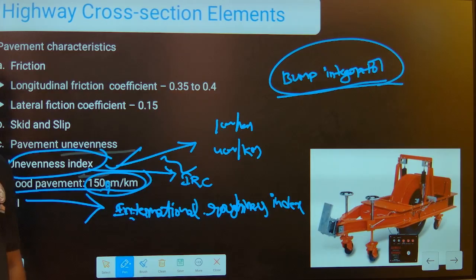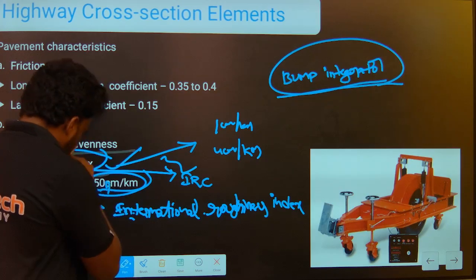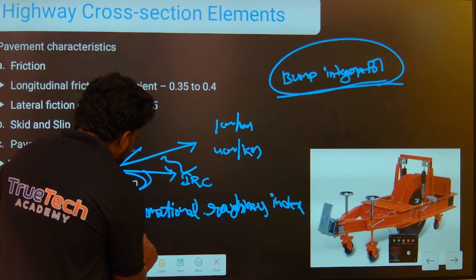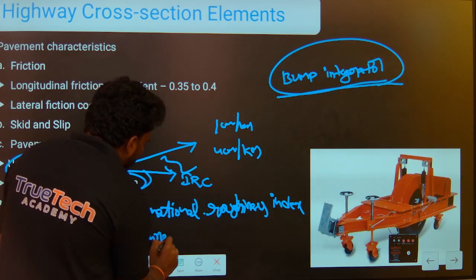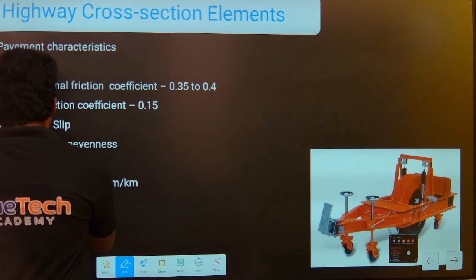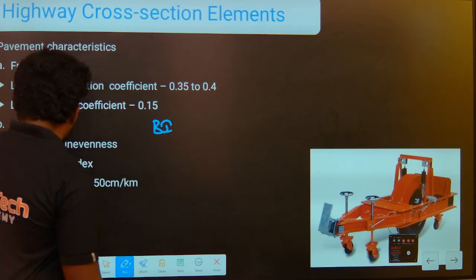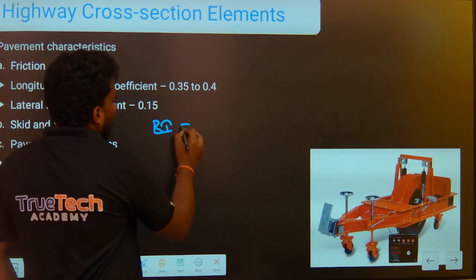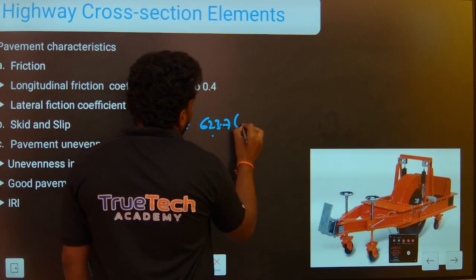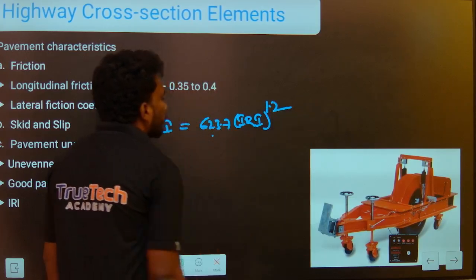The International Roughness Index also measures the pavement unevenness. There is a relationship between the bump integrator, that is the pavement unevenness index, and IRI: bump integrator equals 623.7 into IRI power of 1.2.